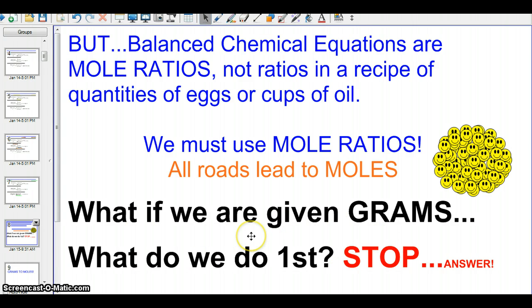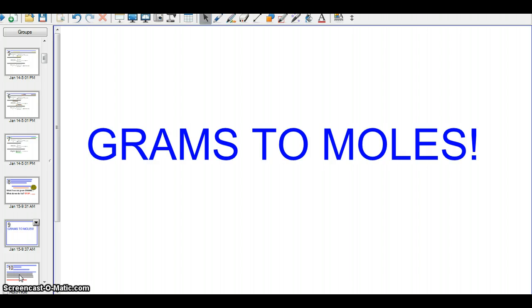So what if we're given grams, but we've got to look at the mole ratio? What would be the first thing that we would do? You might want to stop here so you can think about that question before you move on to the next slide. We've got to go to moles, grams to moles. And you remember how we do that? What do we consult? Yeah, the periodic table.